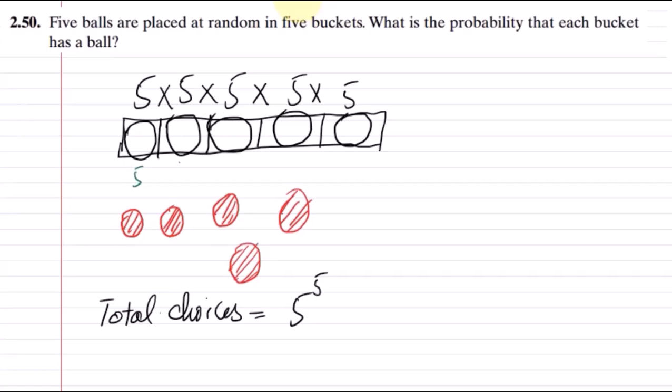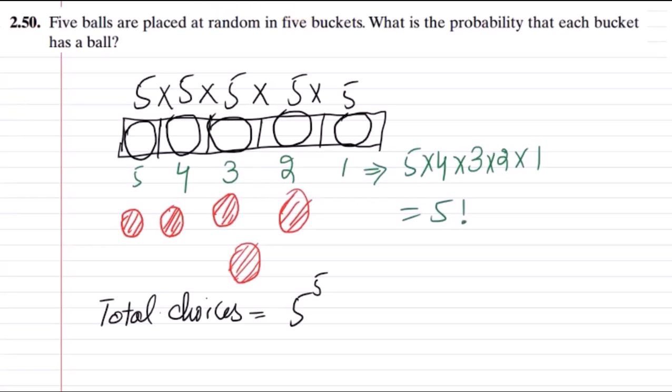There will be 4 for the second bucket. Now again one ball goes into this bucket, so 3 will be left, then 2, and then 1. So that is basically 5 multiplied by 4 multiplied by 3 multiplied by 2 multiplied by 1, and that is 5 factorial choices, if each and every bucket has one ball.